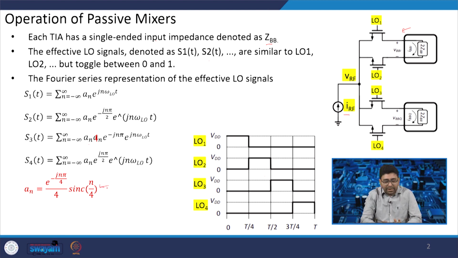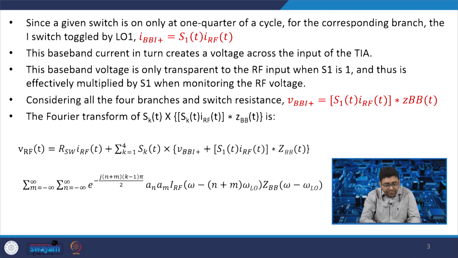So, we can represent the different S1 to S4 switch Fourier representations.